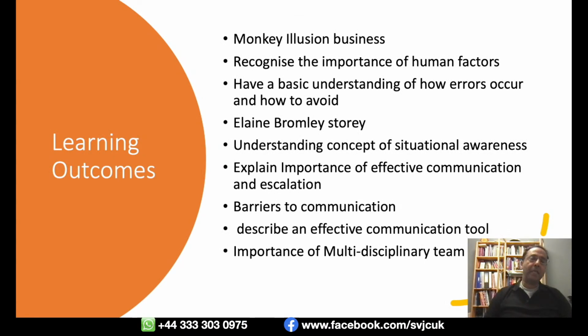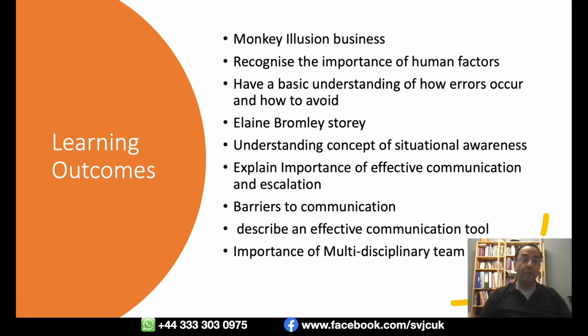So I just have a sort of a layout of the learning outcomes. You obviously have seen the monkey illusion business, the importance of human factors, have a basic understanding of how errors occur and how to avoid. You obviously have seen the story of Elaine Bromley.